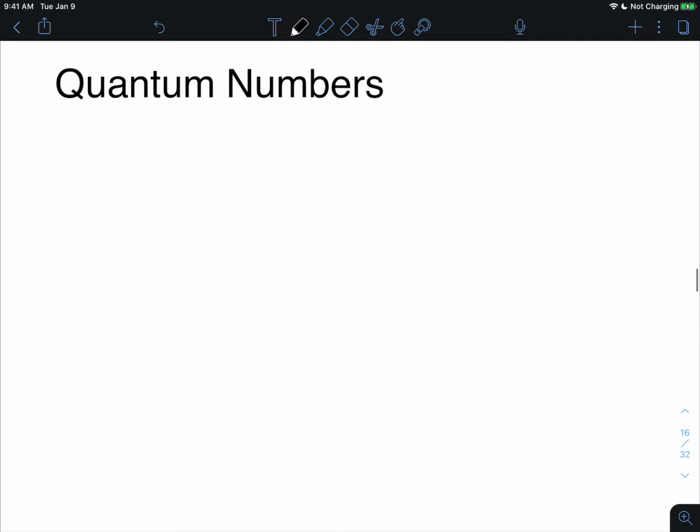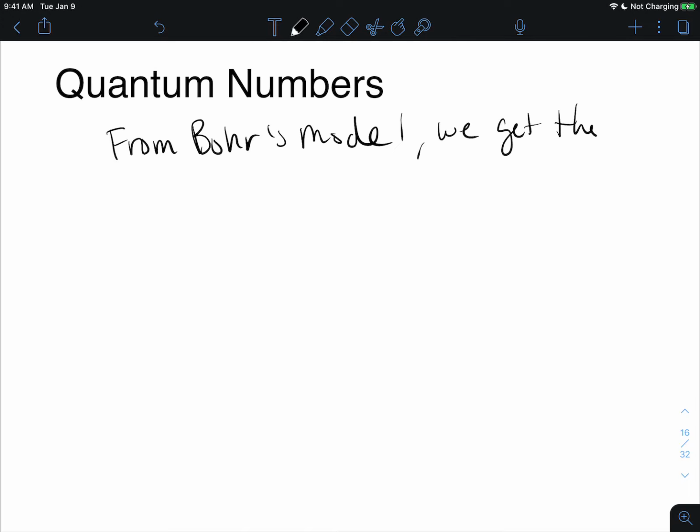So we're going to look at the quantum numbers that describe our orbitals. Our first one is from Bohr's model. From Bohr's model, we get the principal quantum number, n.